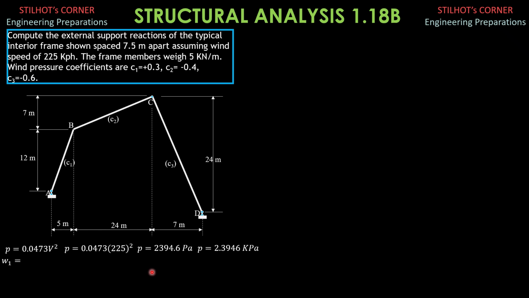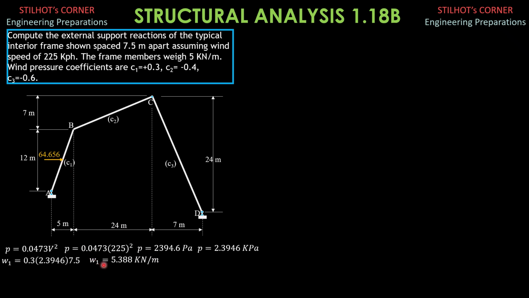So W1 is equal to 0.3 times 2.3946 times 7.5, and that is equal to 5.388 kilonewtons per meter. Therefore, we can now compute the horizontal component of wind load on this face 1, and it is equal to 5.388 kilonewtons per meter times vertical projection 12. So it is equal to 64.656 kilonewtons as shown.